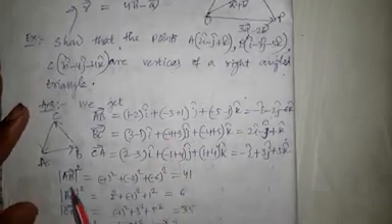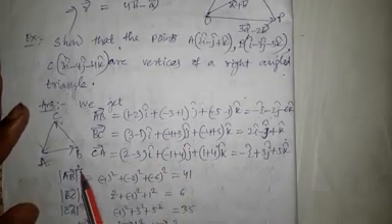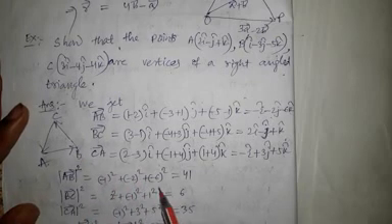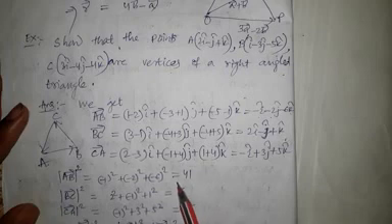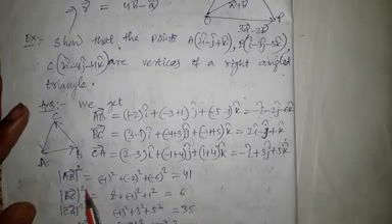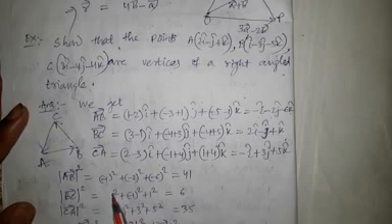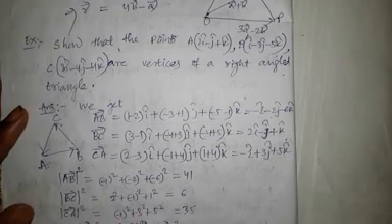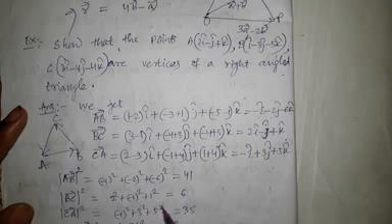Now the magnitude of AB vector whole squared is equal to minus 1 squared plus minus 2 squared plus minus 6 squared, which is equal to 41. The magnitude of BC vector whole squared is equal to 2 squared plus minus 1 squared plus 1 squared, that is 6. The CA vector magnitude squared is equal to minus 1 squared plus 3 squared plus 5 squared, which is equal to 35.